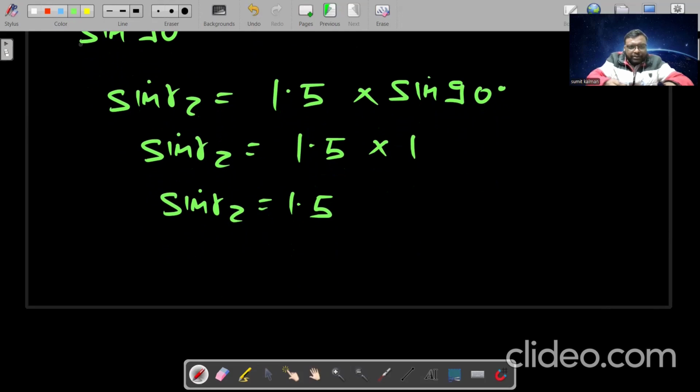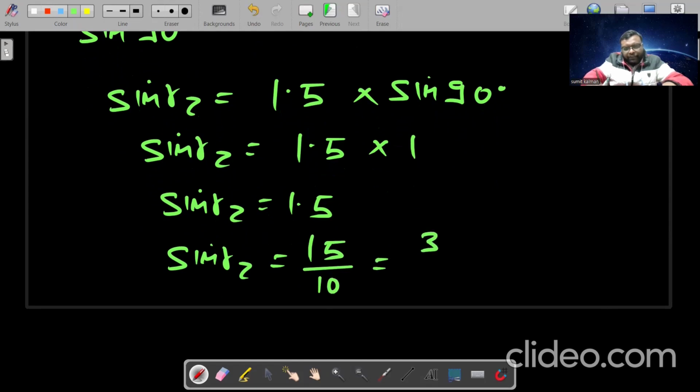and students, R2 will become sine R2. Here we will convert this into a fraction, 15 upon 10, and if you cut by 5 it comes out to be 3 by 2, and if you divide it comes out to be 0.67.